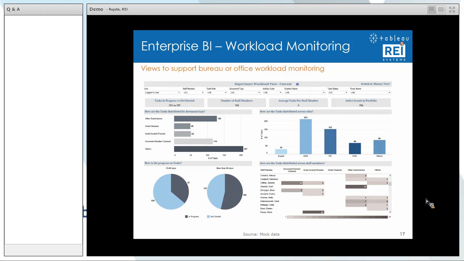We have placed a few summary cards that help identify key numbers at the top, followed by the widgets showing workload data from multiple perspectives. These dashboards have help content available right next to the dashboard title, so whenever a user is a little puzzled, they can simply click on it and understand where they are. This dashboard allows a senior bureau official to visualize all the workload for their organization.